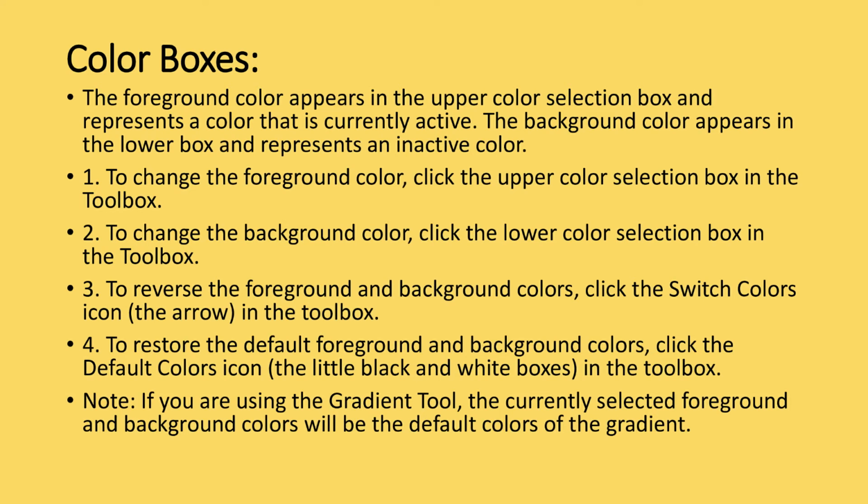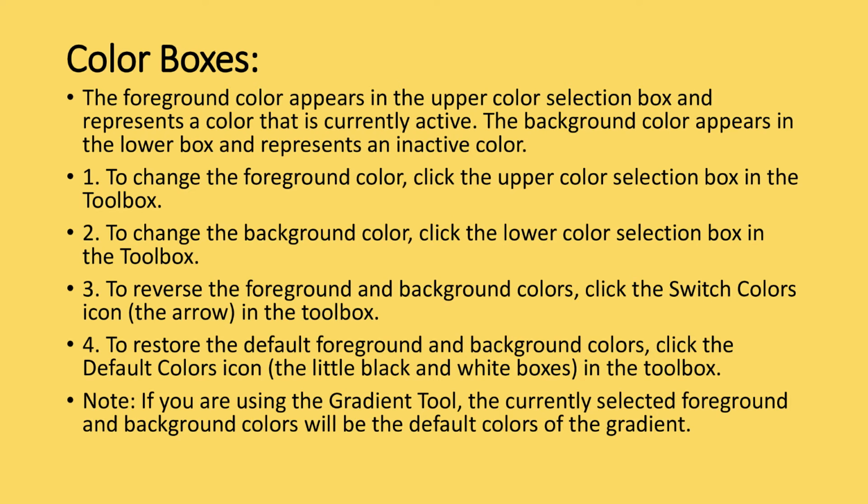Next topic is color boxes. The foreground color appears in the upper selection box and represents the color that is currently active. The background color appears in the lower box and represents an inactive color.